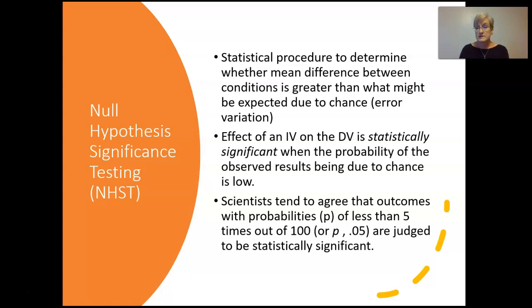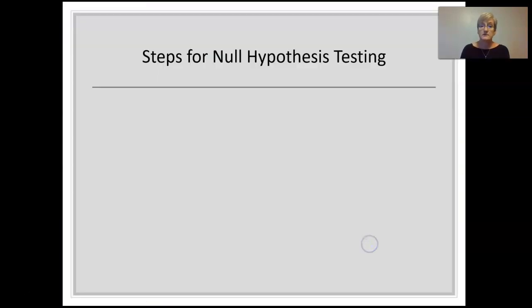You also want to be able to say the reverse. Only 5% of the time would this pattern have been detected by mistake, just by random accident. So we're setting the bar pretty high for declaring that what we have is a difference that is suggestive of the effect that we're testing.